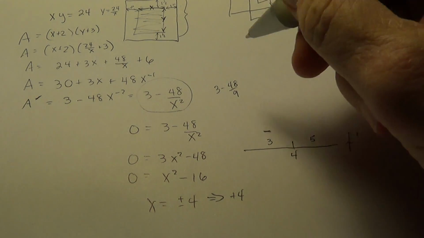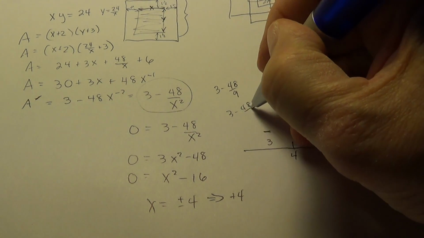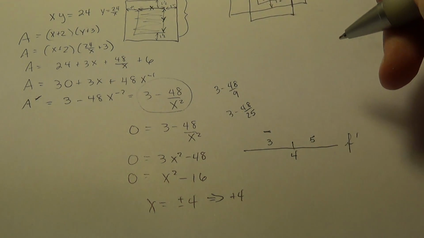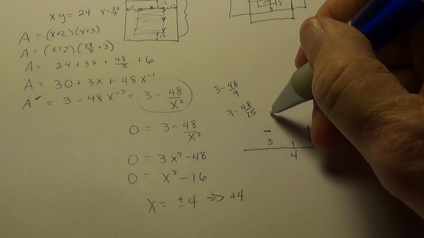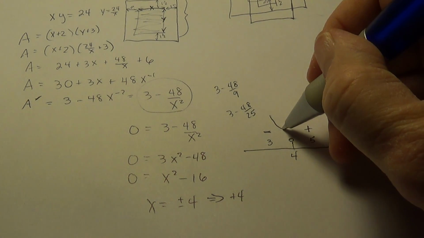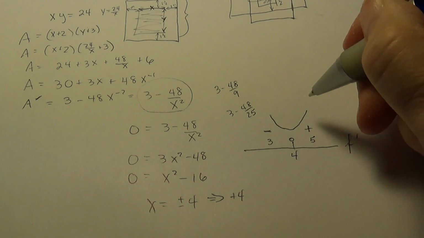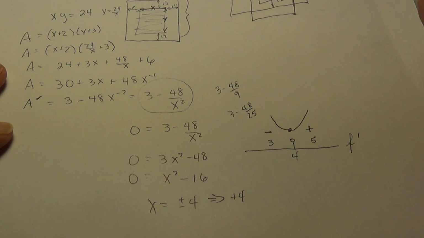On this side, when I put in 5, I get 3 minus 48 over 25, and that is a positive value. So the slope is negative, at this point it zeroes out, and then becomes positive. So by the first derivative test, we have a minimum. So that's what we wanted.